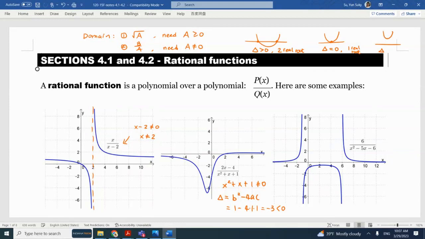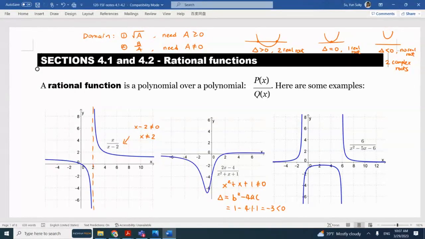If the discriminant is negative, the parabola lies above the x-axis. So we have no real roots, but in this case we will have two complex roots. Do you remember these? Right? When we talk about quadratic functions?